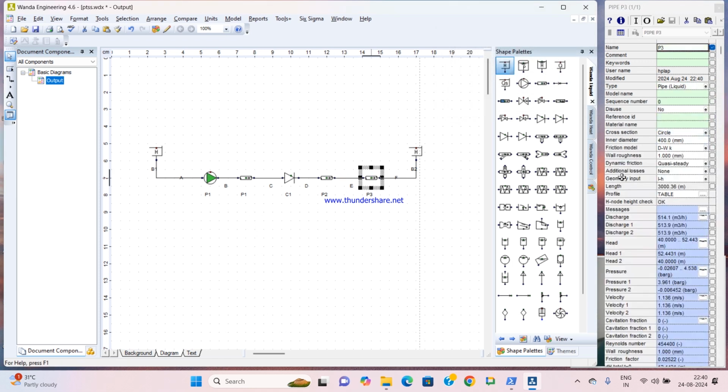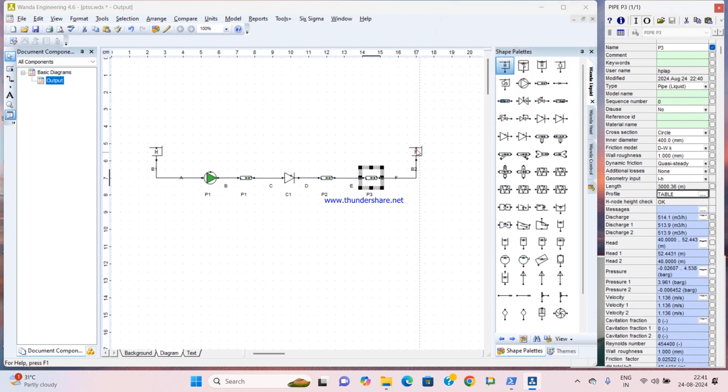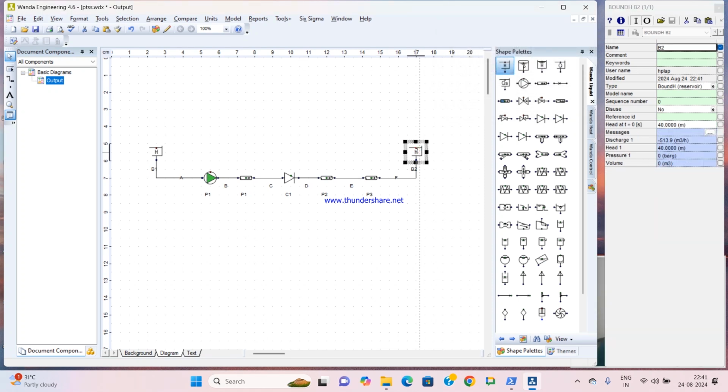So this is the arbitrary profile, and it is the 400 NB pipe. Its height started at 12 meter, so that's why it is given, and ending at 40 because this reservoir is at 40 meter elevation. And normally this segment also will be 40.